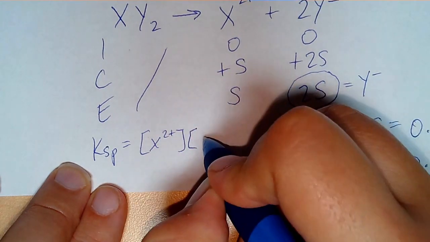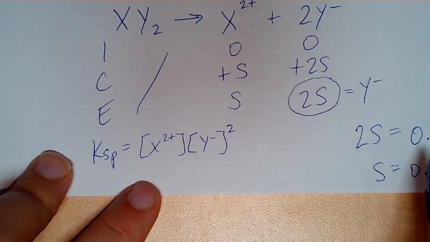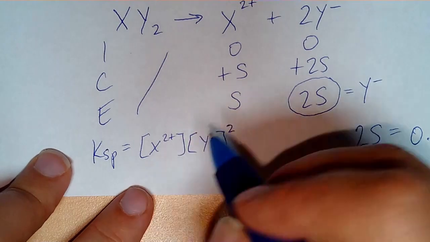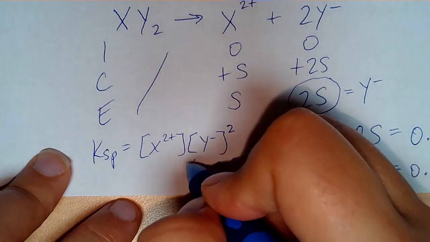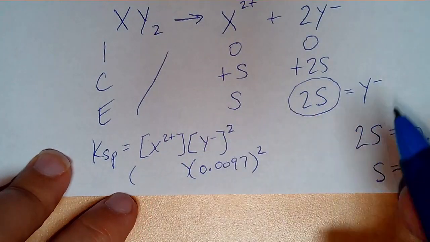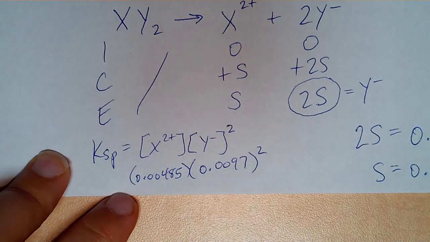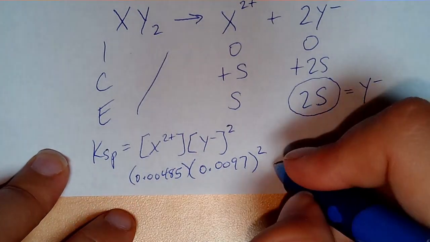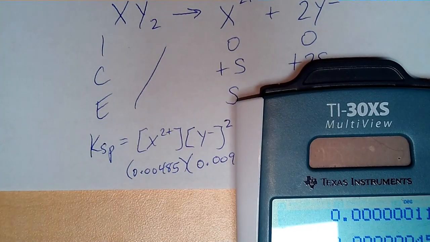And we know Y minus, so 0.0097 squared. X, based on our stoichiometry, would have to be half of that. And we could then solve for KSP. 0.0097 squared times 0.00485 also gives us the same number, 4.56 times 10 to the minus 7.